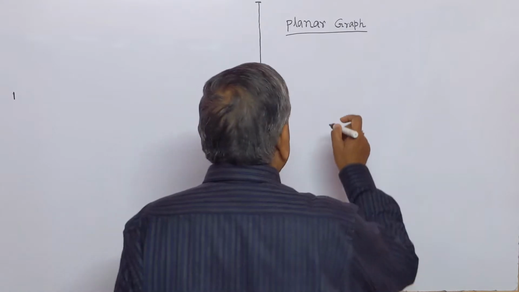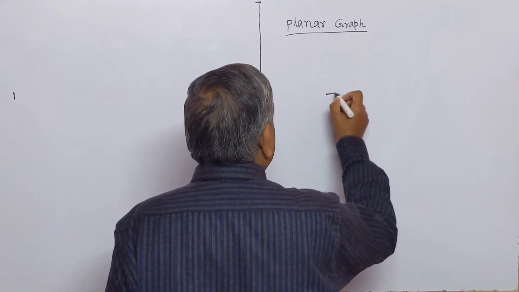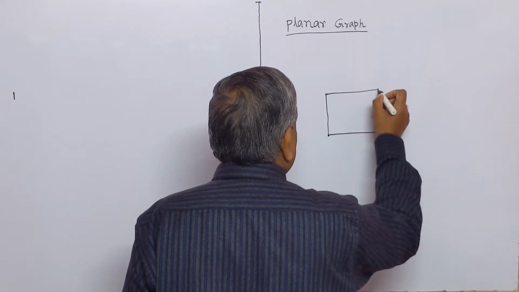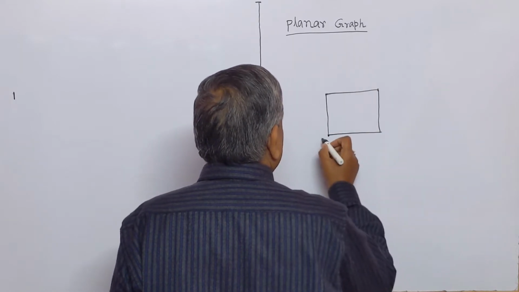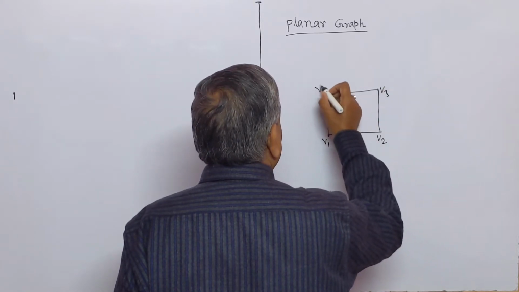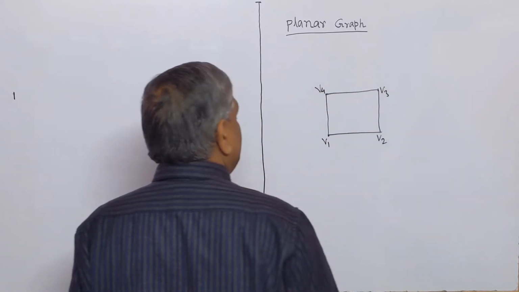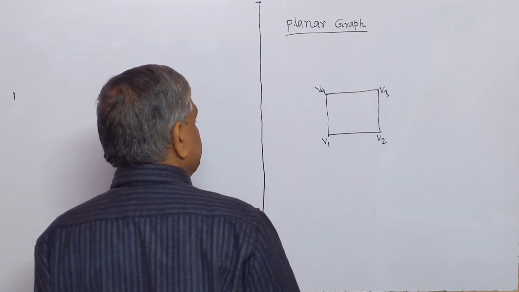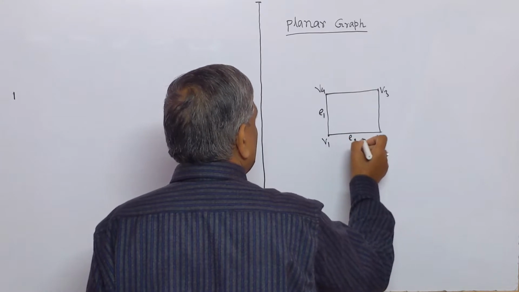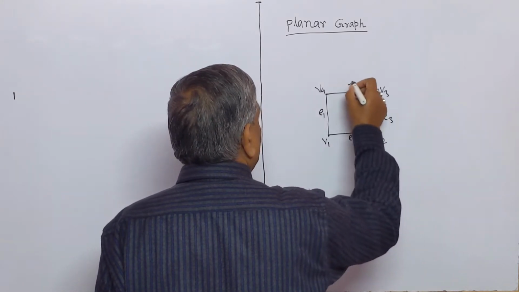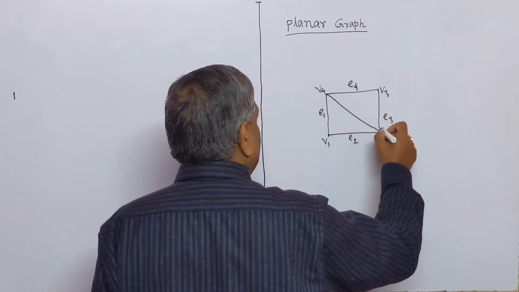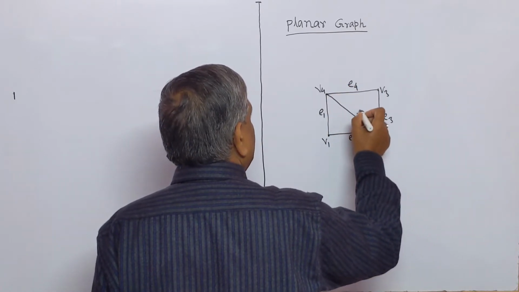For example, let we have a graph. Here V1, V2, V3, V4 be the vertices of the graph and edges are E1, E2, E3, E4. Another edge is here E5.